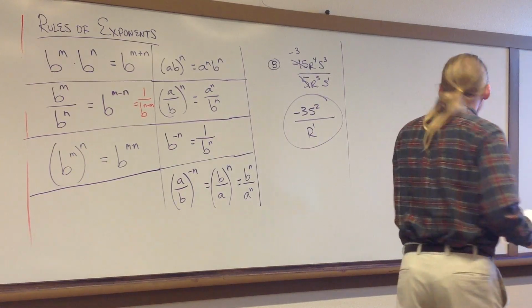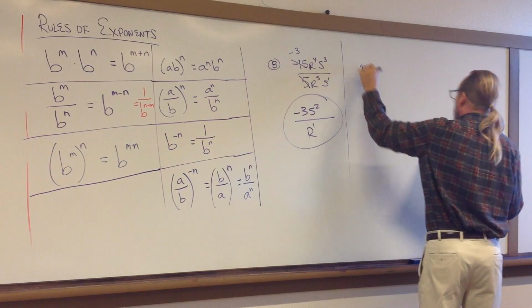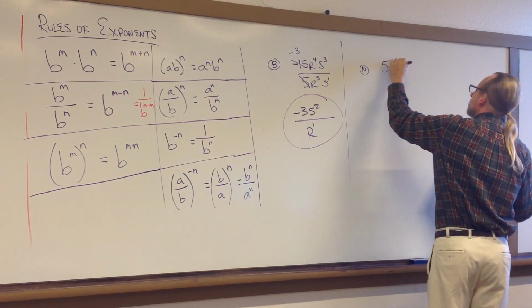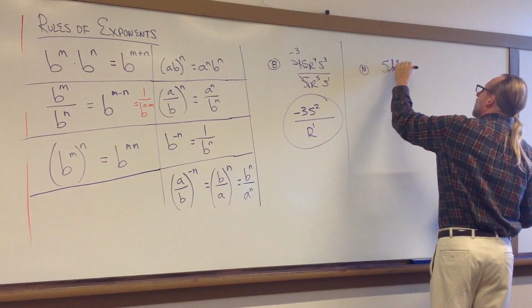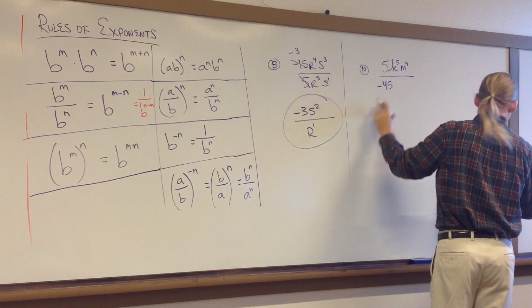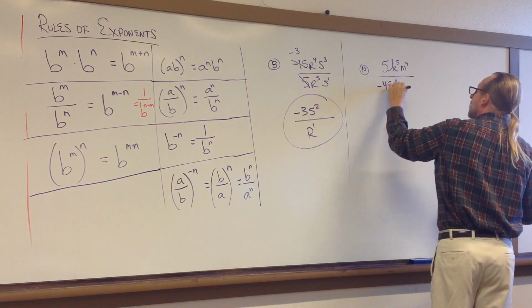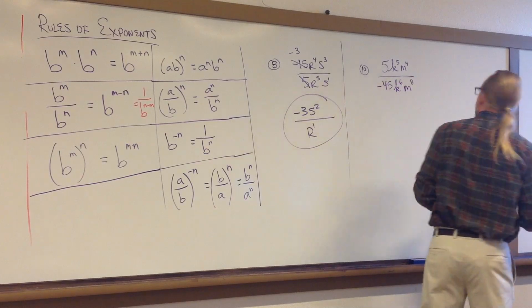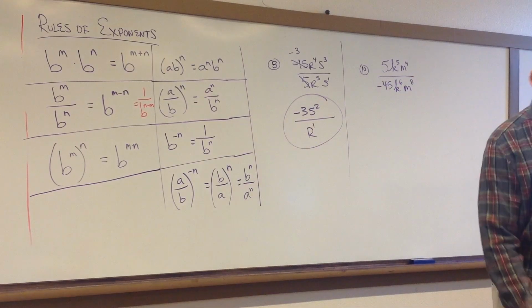Problem 10. 5 k to the 5th m to the 4th over -45 k to the 6th m to the 8th. All right.